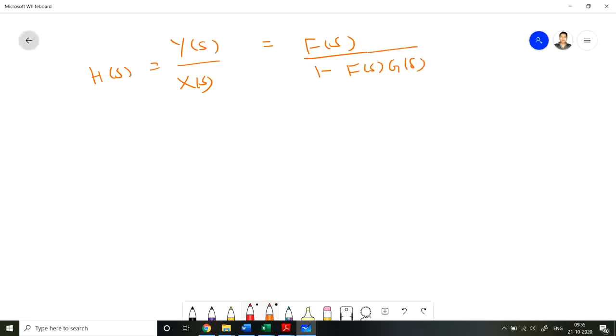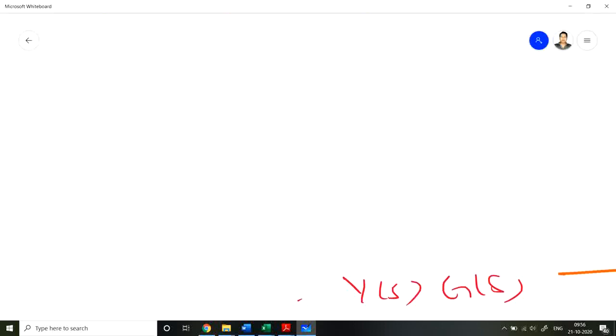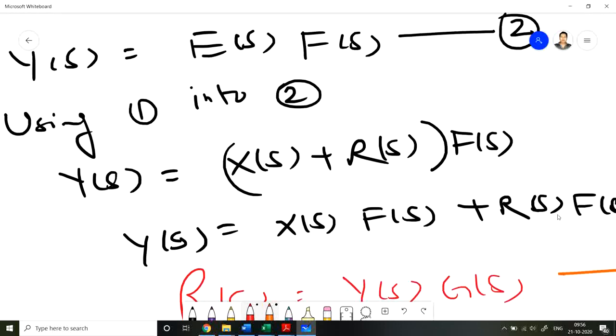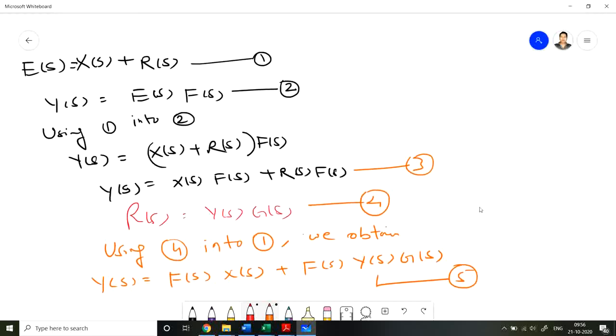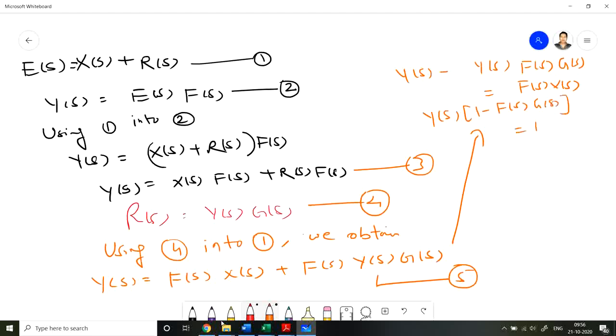So we can solve this in this slide itself. We can put the Y(s) term on the right hand side. So Y(s) minus Y(s) into F(s) into G(s) is equal to F(s) into X(s). Taking Y(s) common, it is 1 minus F(s) into G(s) equal to F(s) into X(s).